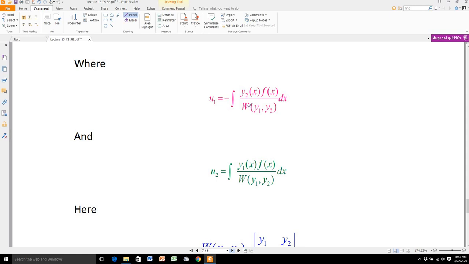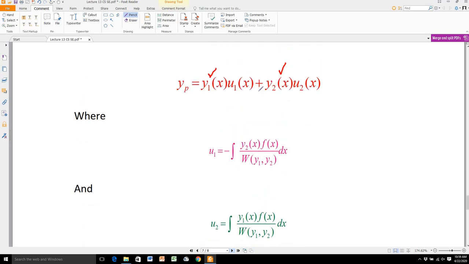After finding the Wronskian, we substitute its value here and compute u1. Similarly, when you compute u2, you use y1 multiplied with the forcing function and divided by the Wronskian. So in this way you calculate u1 and u2, and then you substitute their values into yp equal to y1(x) u1(x) plus y2(x) u2(x). In this way we find our yp.